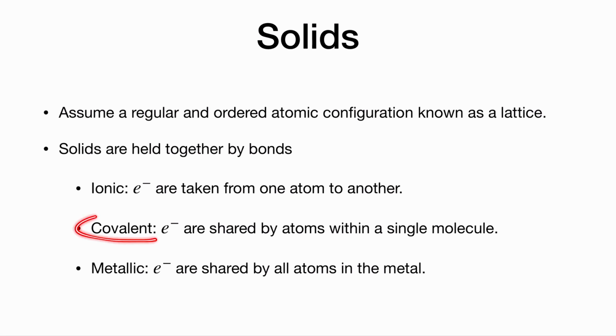The second kind is covalent bonding. Here electrons are shared between atoms that make up a molecule, or atoms belonging to a sample of some interest. The electrons are always shared by the atoms participating in that bond. So, for instance, H2O. Maybe I should write that down.